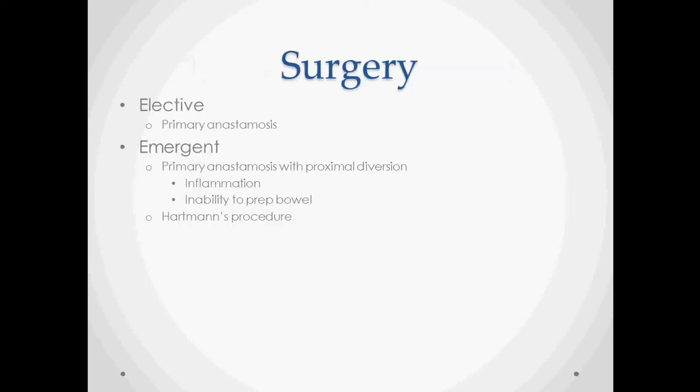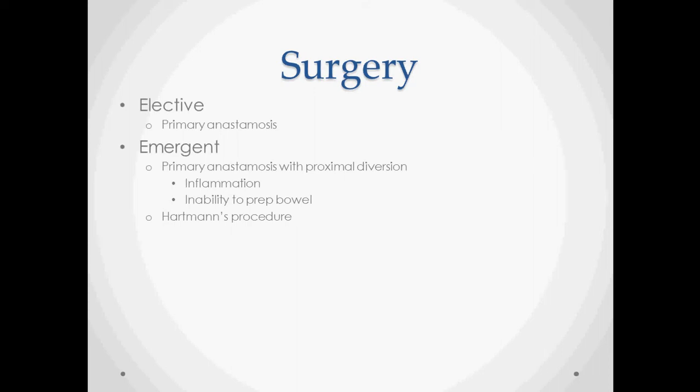So surgery comes in two major varieties. One is the surgery that you do at your own leisure, which means that you don't have an acute abdomen, which could lead to perforation or already has perforated.